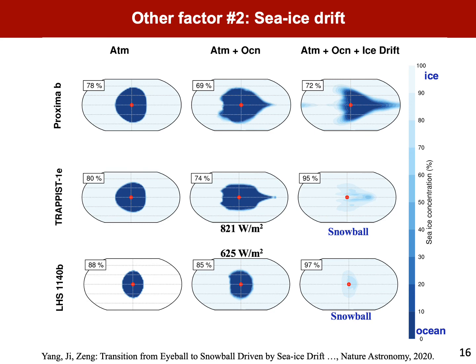As you can see, the blue color is for open ocean, and the white color is for ice. When ice drift is included in the simulation, the sea ice concentration increases a lot. In some simulations, the sea ice drift even pushed the system from an eyeball-like state to a globally ice-covered snowball state. So, sea ice drift is important, especially for planets close to the outer edge of the habitable zone.